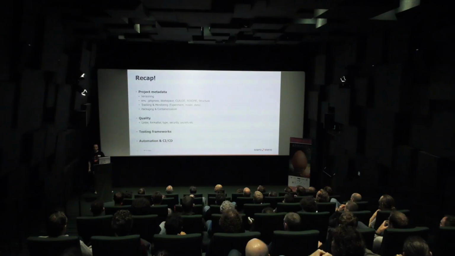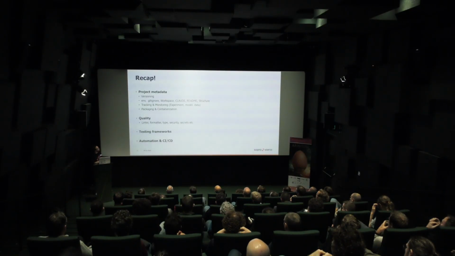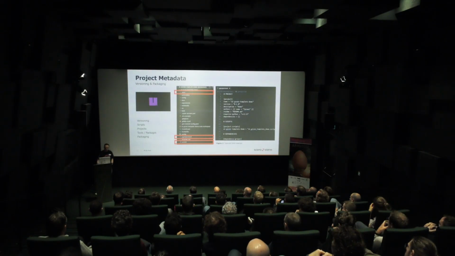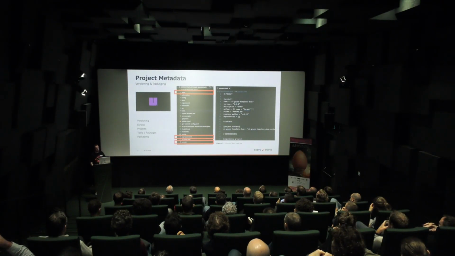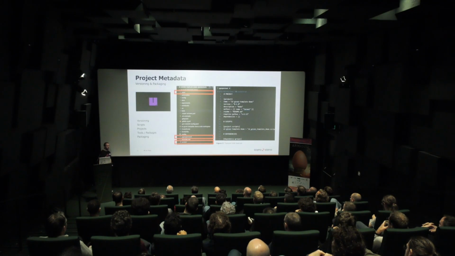Well, quickly recap. So a template should contain things related to project metadata, all these things mentioned here: versioning, environment, all kinds of extra files, tracking, monitoring, packaging, quality, testing frameworks, automation, and CI/CD. So let's start with the first thing that your template actually implements, and this uses UV. If you're unfamiliar with UV, I would definitely recommend you start using it.